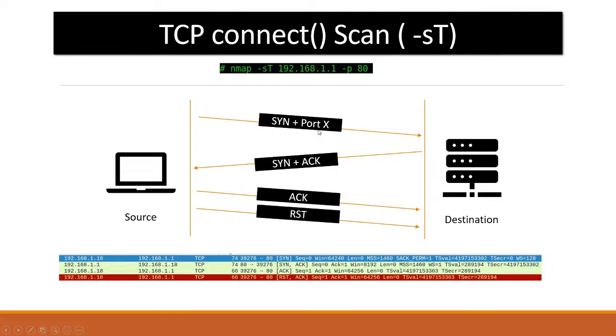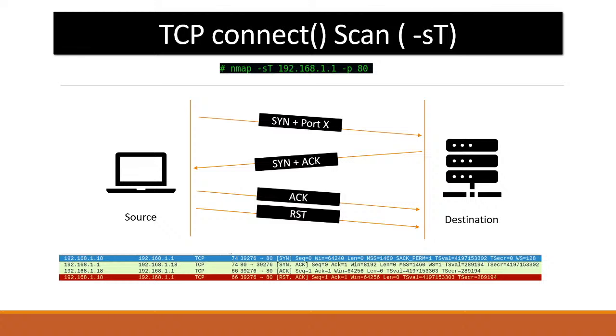You are sending a SYN packet with port number 80, and then you are getting a reply SYN-ACK on your machine, and then you are not just sending a reset, but you are also sending an acknowledgement and reset here. This is called a connect scan, because you are actually telling the destination machine that you have received the previous SYN-ACK message. That is the reason you are sending an ACK.